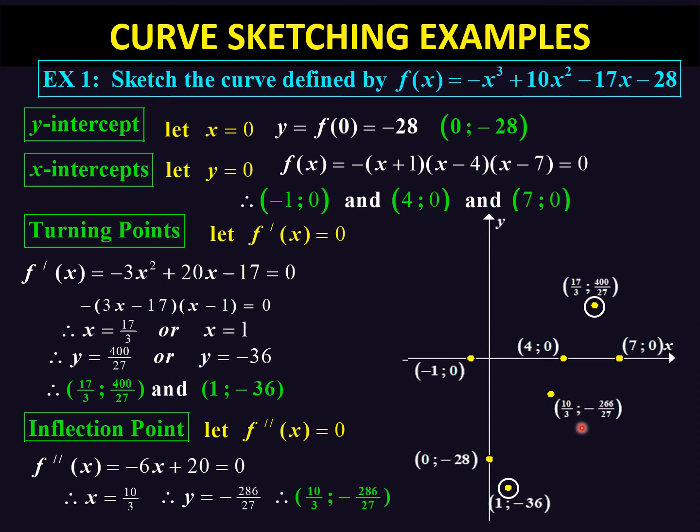Now, I'm going to show you how you can draw these curves using these points. It is recommended that you start from your inflection point. You see, there's my inflection point. Then from this inflection point, go towards that turning point. Do you follow? What must I do there? Must I do that?